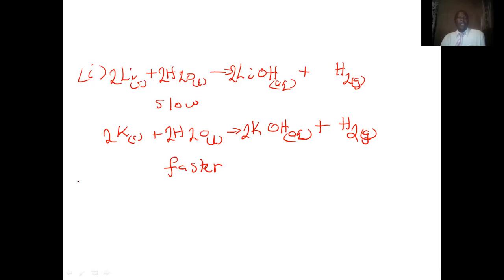The reason is that when you write the electron configuration for lithium with atomic number 3, you get 2 electrons in the first shell and 1 electron in the second shell.